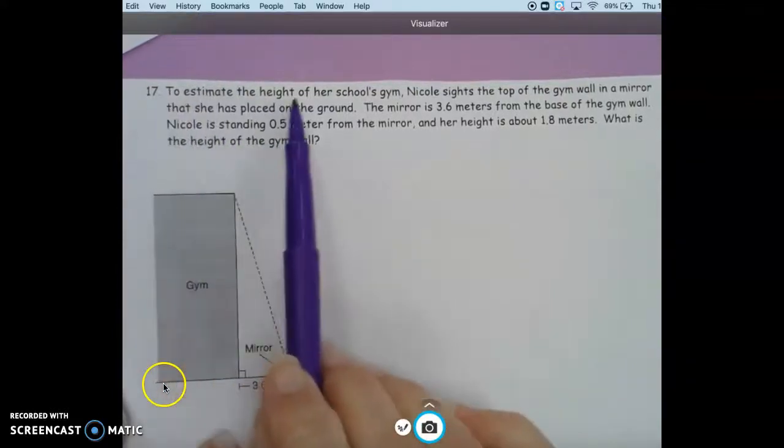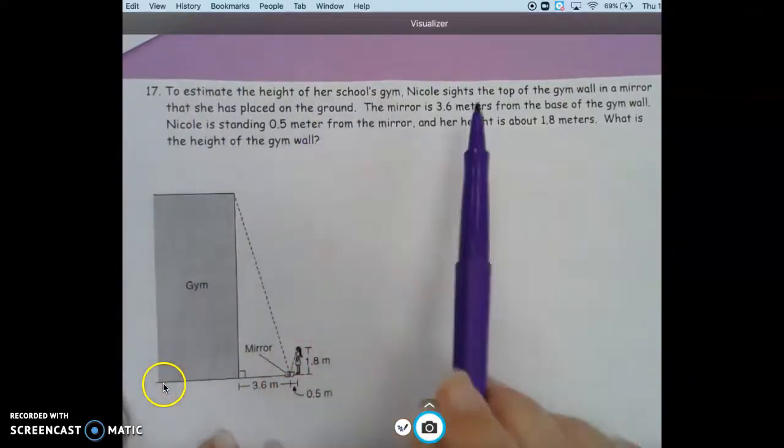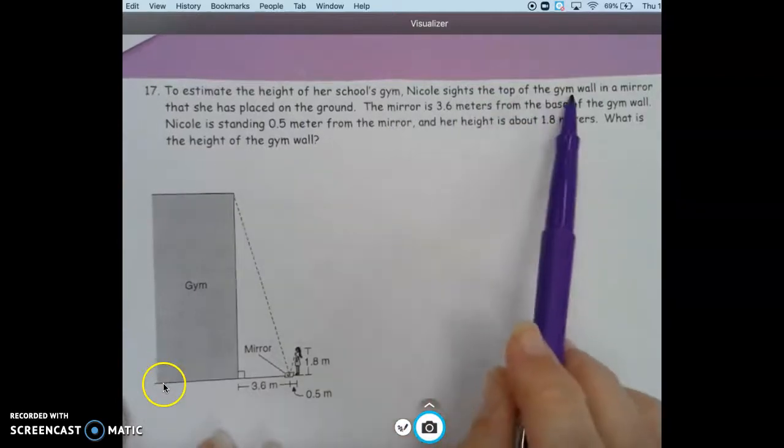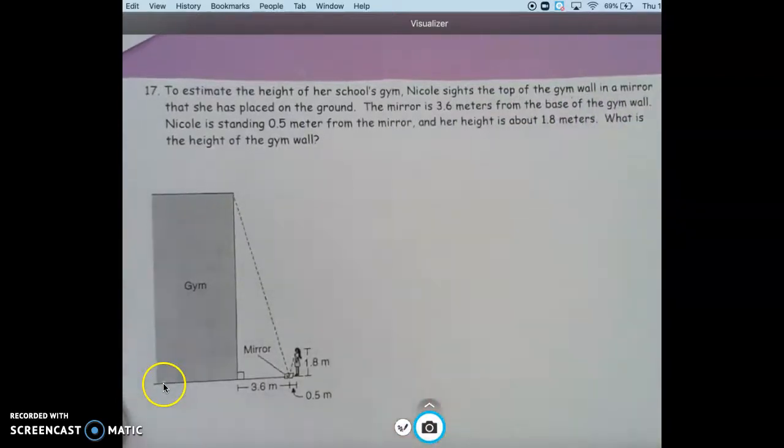To estimate the height of her school's gym, Nicole sights the top of the gym wall in a mirror that she has placed on the ground. The mirror is 3.6 meters from the base of the gym wall. Nicole is standing 0.5 meters from the mirror, and her height is about 1.8 meters. What is the height of the gym wall?